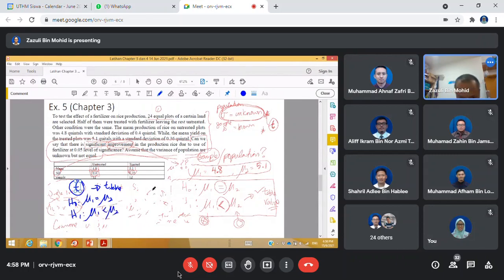Now we have to calculate, can we say there is an improvement? We have to do the hypothesis test for 2 means.